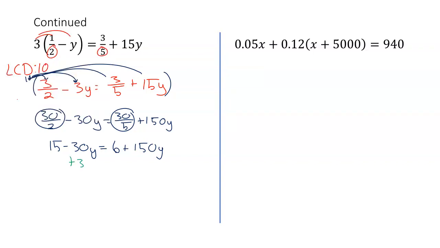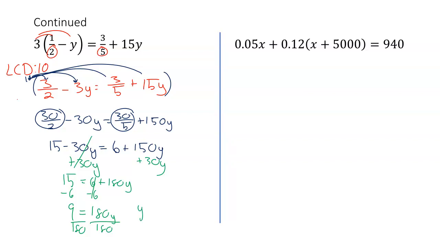So let's add 30y to both sides. Subtract 6. Divide by our coefficient. And then simplify our fraction.